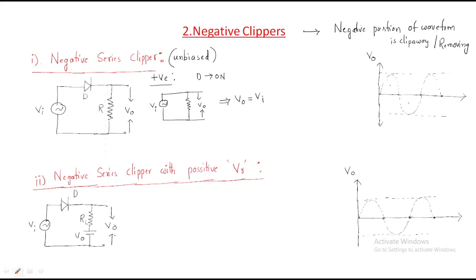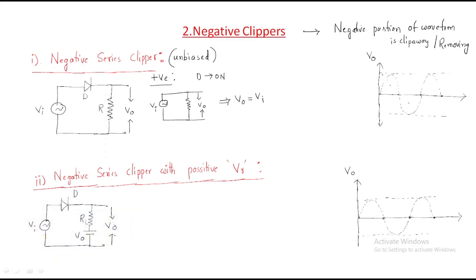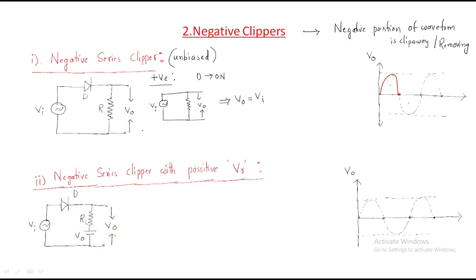Look here, the input is the dotted line. That dotted line will be the same as the output for the positive wave. And for the negative half cycle, what happened?